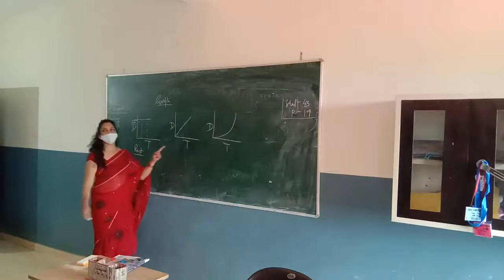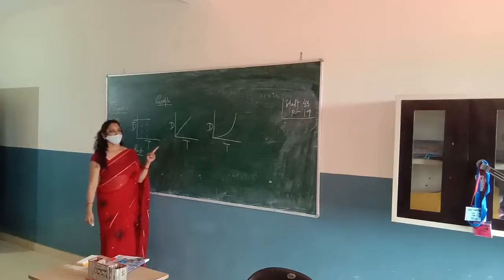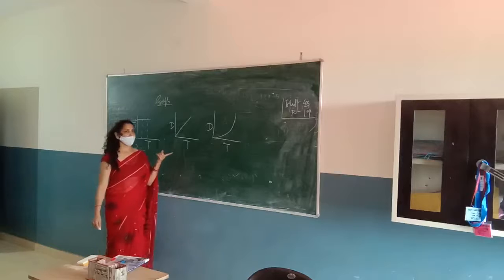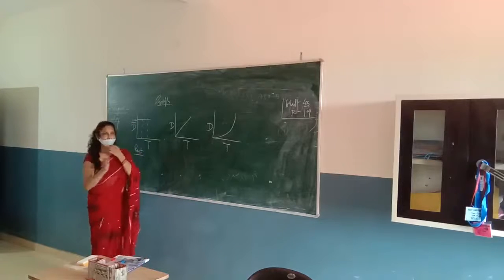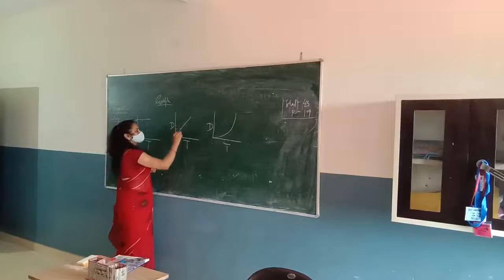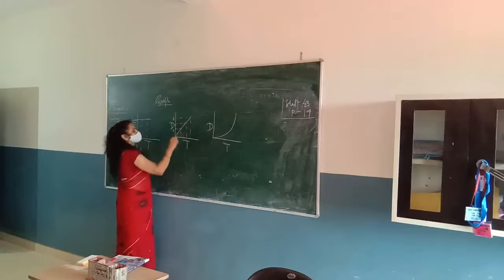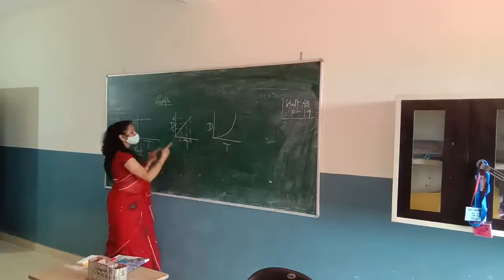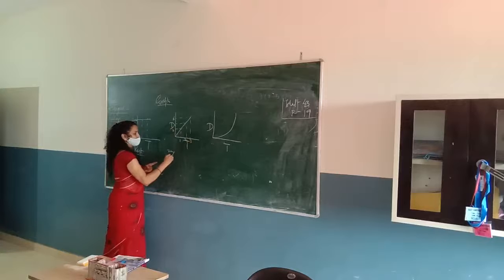Second one, this is the dt graph. Okay. Yes. Uniform. Uniform what? Uniform motion. You can understand it by taking an example. Let this be 2, 4 and 6 and 1, 2 and 3. So in 1 second you cover the distance of 2 meters. So your speed will be 2 meter per second.